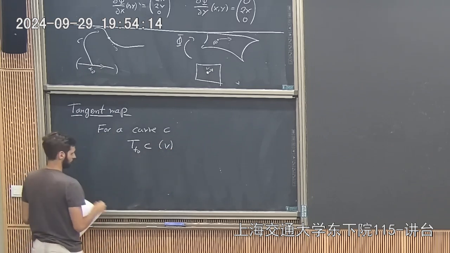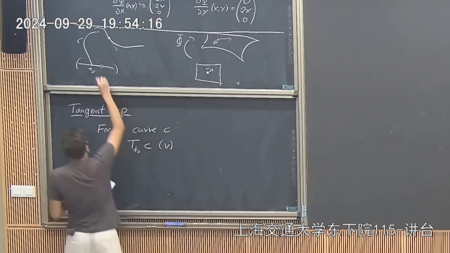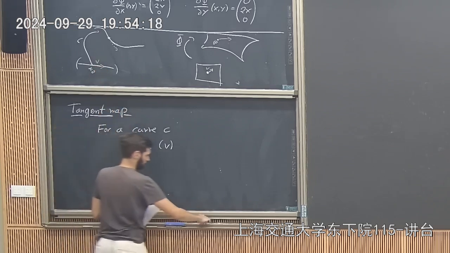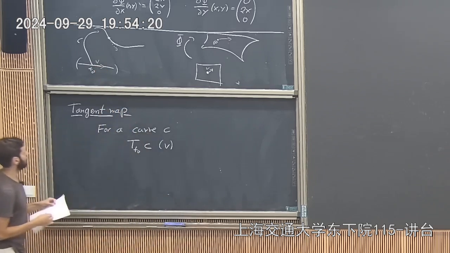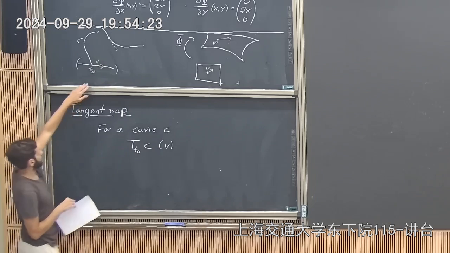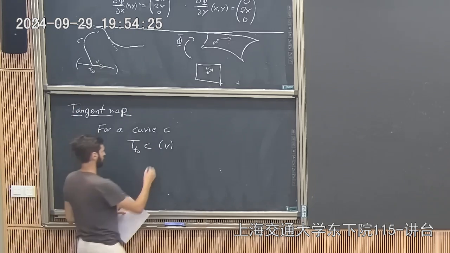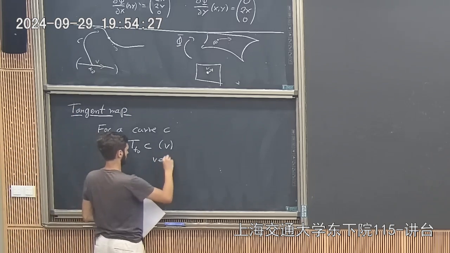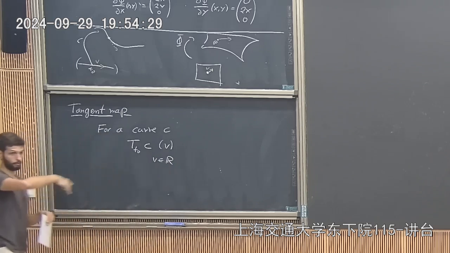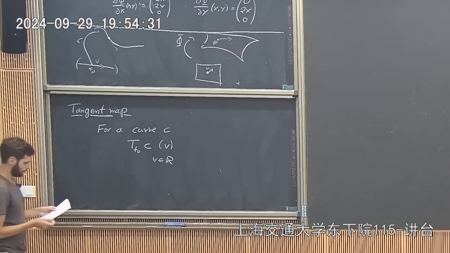So that means that we take t equals 0, and then take the derivative or the tangent map in the direction of v. In that case, v is just some number which tells you how far you go in the t direction.